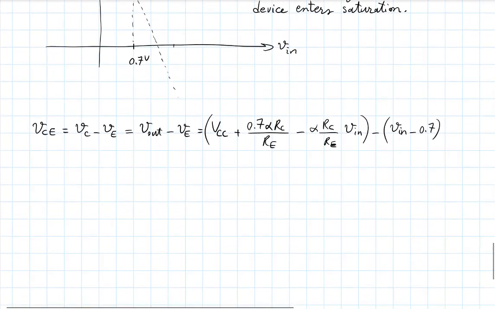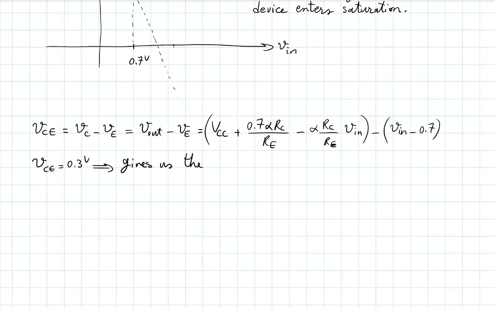If you set VCE equal to 0.3, that will give you the Vin value at which saturation starts.